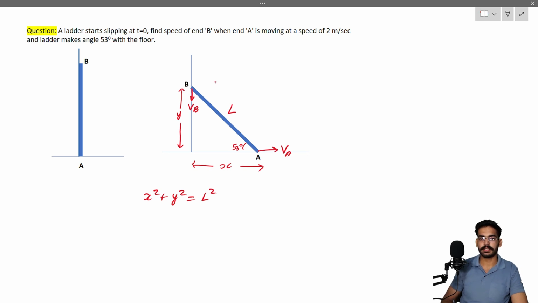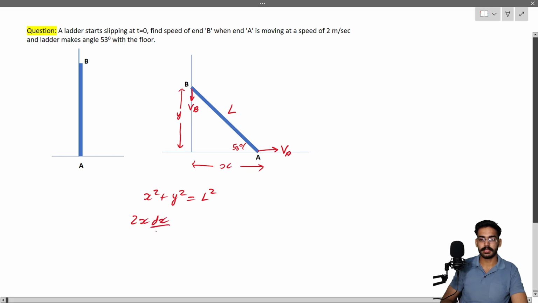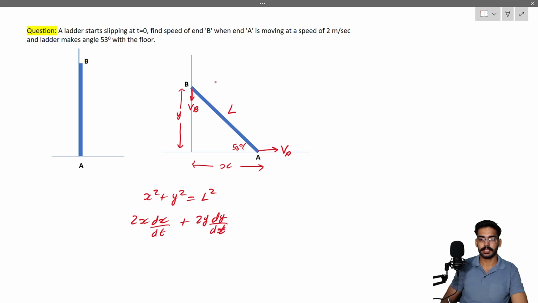Now you differentiate this with respect to time. Why? Because dx by dt is going to come here and I can put it equal to VA. So differentiating with respect to time, you will get 2x dx by dt plus 2y dy by dt equal to 0, because L is constant, so its differentiation is 0.